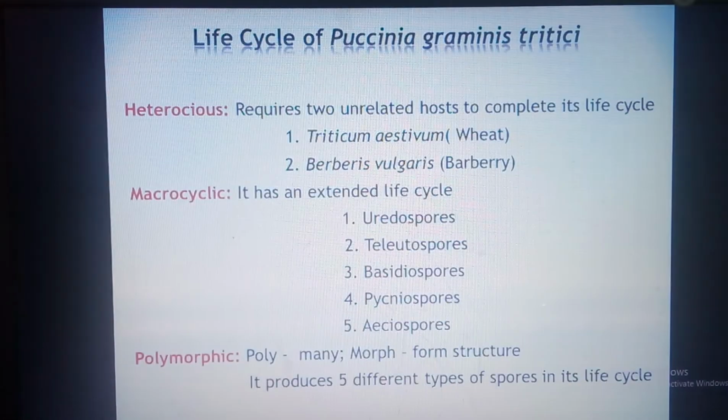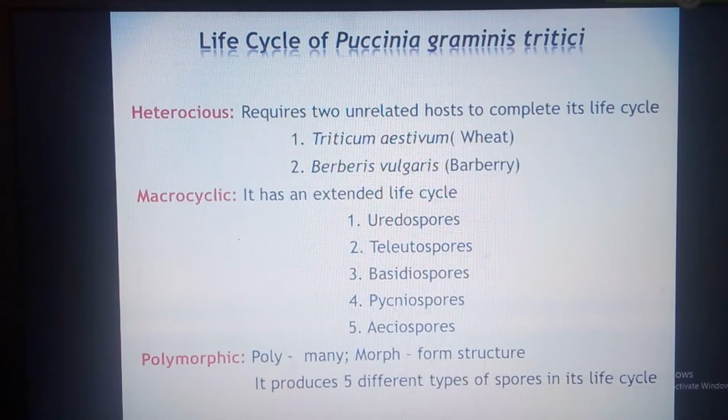Looking at the life history of Puccinia graminis tritici, the first thing we must know is that it is heteroecious. Why is it called a heteroecious pathogen? Because it requires two related hosts to complete its life cycle.